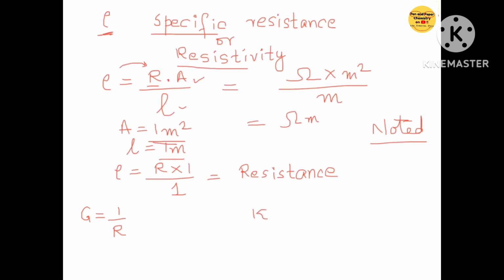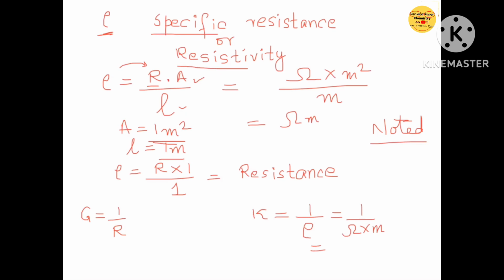It's something similar to our alphabet K. Kappa is the reciprocal of resistivity. So what will be its unit? 1 upon ohm into meter.